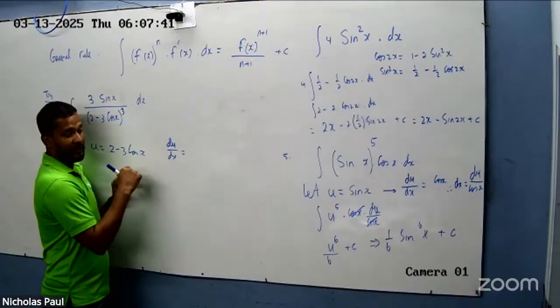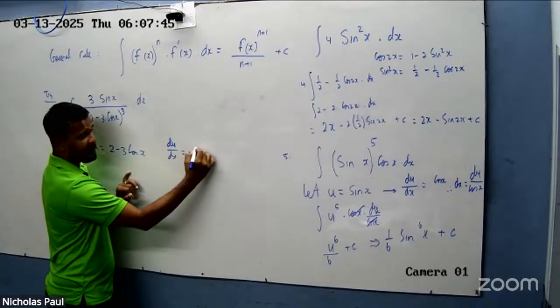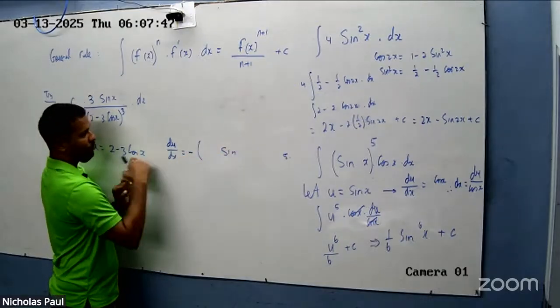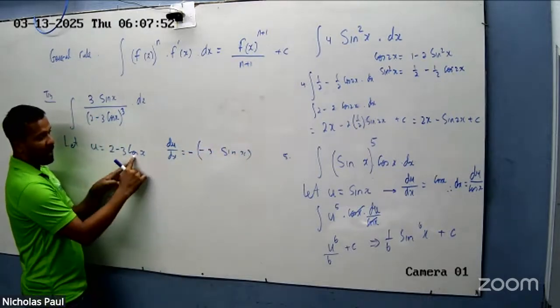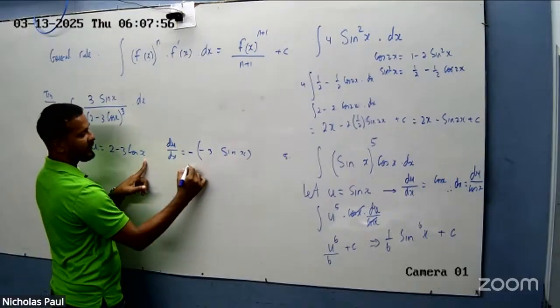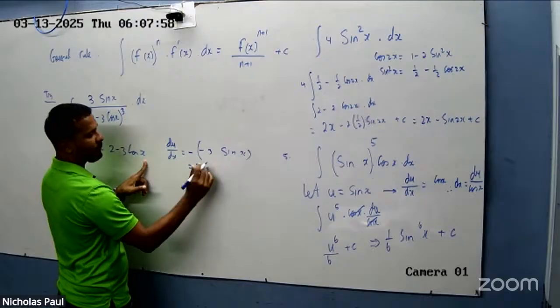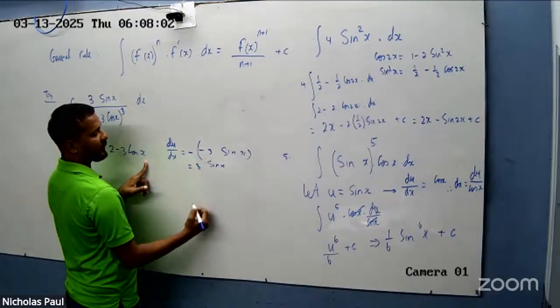The differential of cos is minus sine. Write back the minus 3 and write back here. So the differential of cos is minus sine, and you'll get plus 3 sine x.